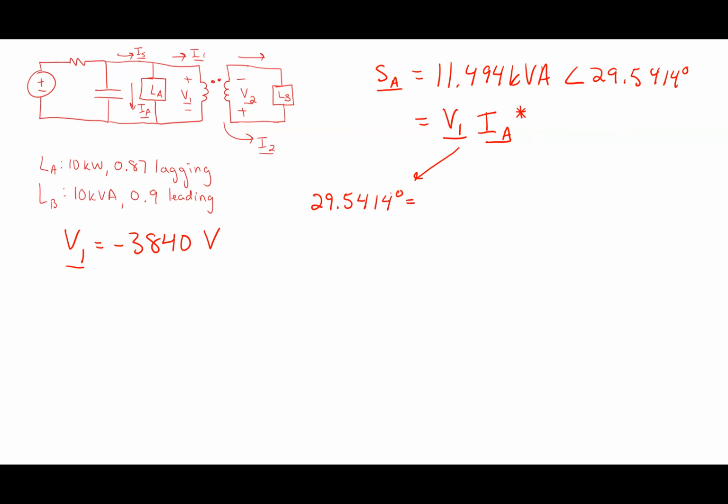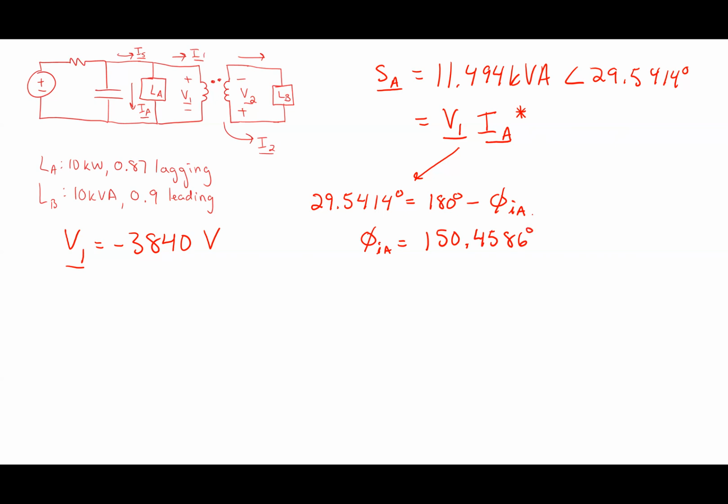What's the angle of V1? 180. And then I subtract the angle of the current, phi IA, and I end up with phi IA being equal to 150.4586 degrees.